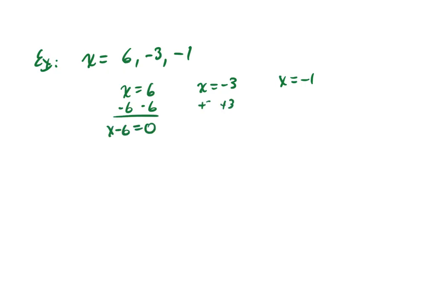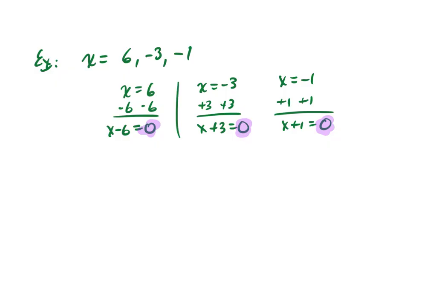Move negative 3 across, getting 0 on the right, and move negative 1 across, getting 0 on the right. So we got 0 on the right-hand side of each of those.